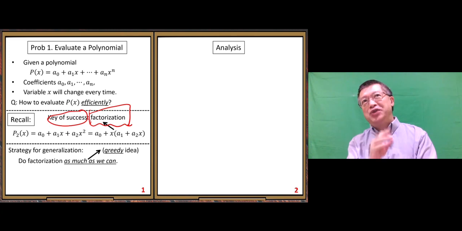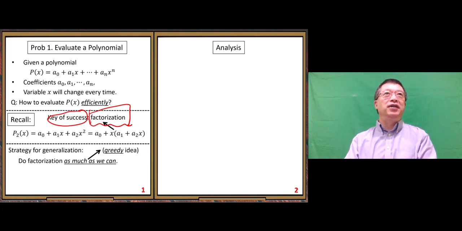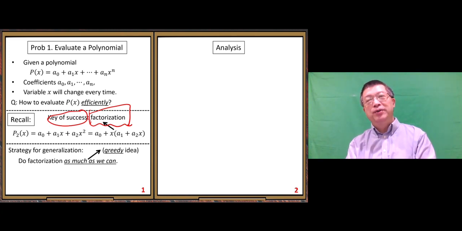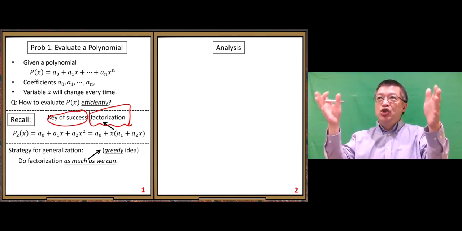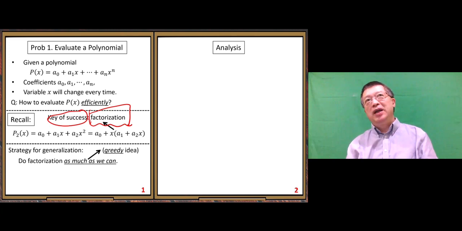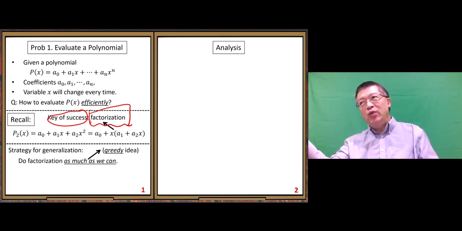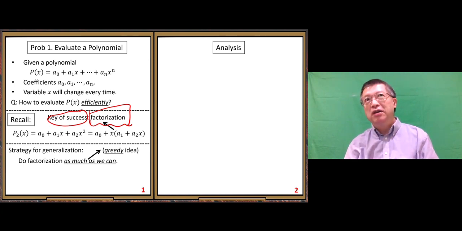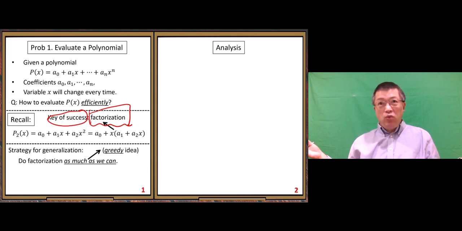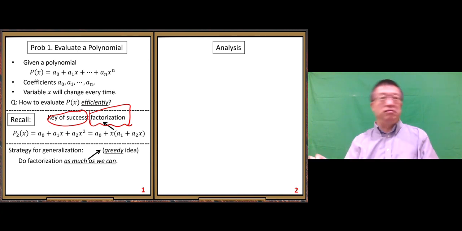Another thing I want to let you know, we are doing module 1 here. When we reach the end of the semester, when we work on module 8, we will learn the greedy algorithms. But in this early stage, we need to use the greedy idea.